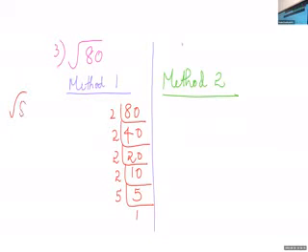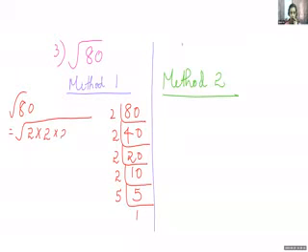So root 80 is? Can you tell the answer? Root of 2 into 2 into 2 into 2 into 5. Good. Then what answer did you get?